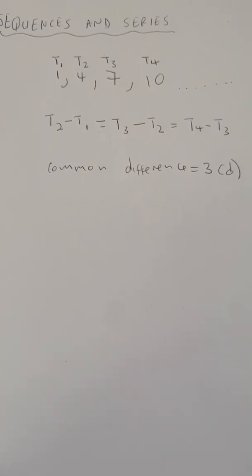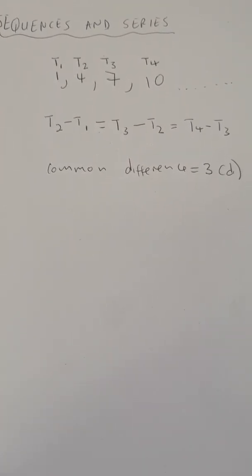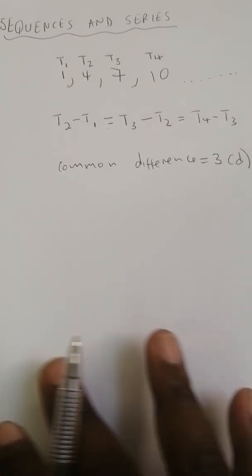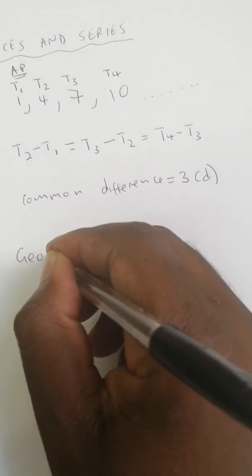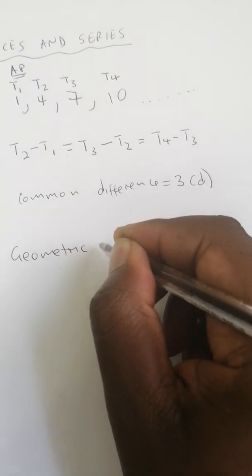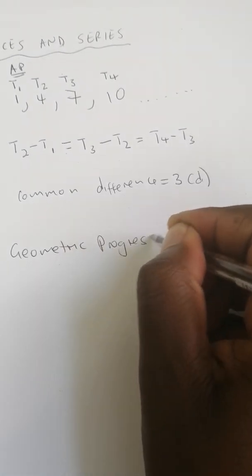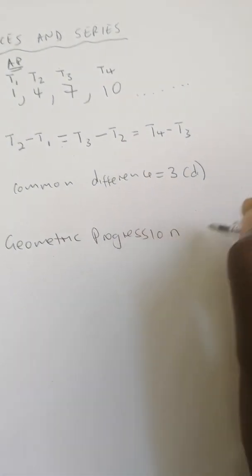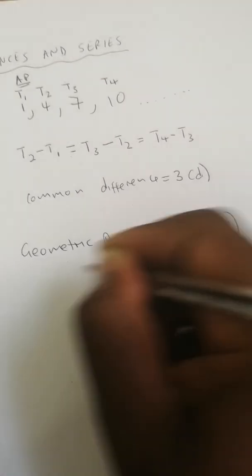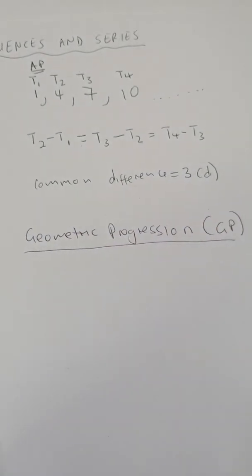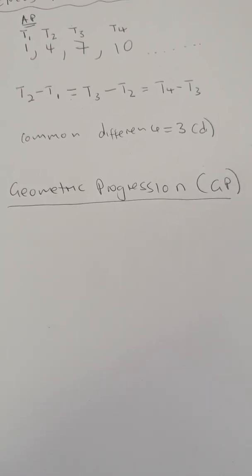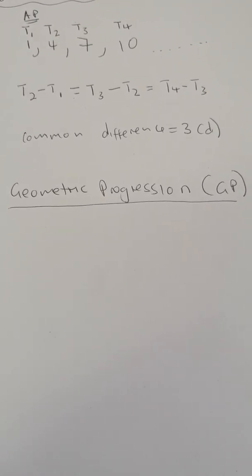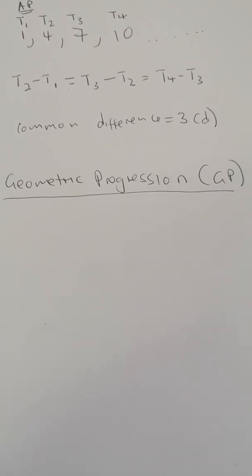So a GP, as we've said, is identified by a common ratio. So this was an AP that we're talking about, and now talking about the geometric progression, it is identified by a ratio.